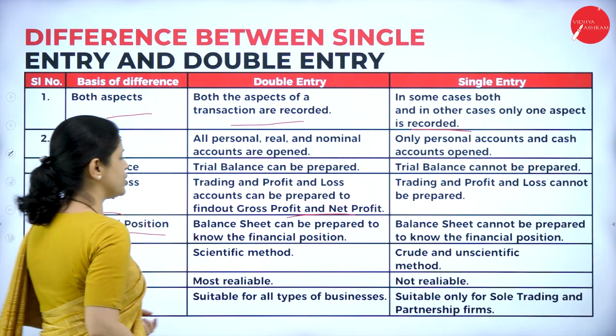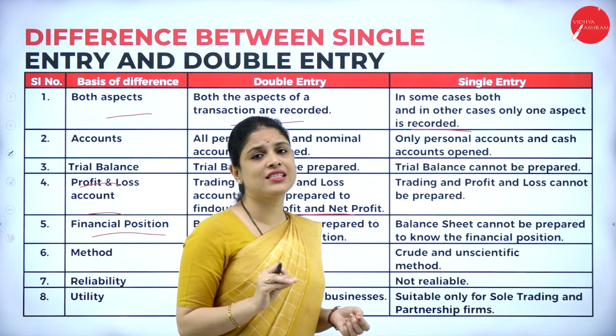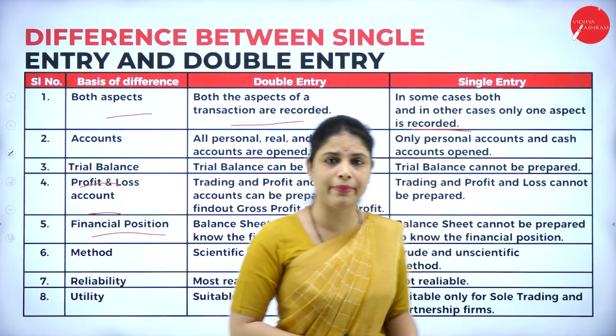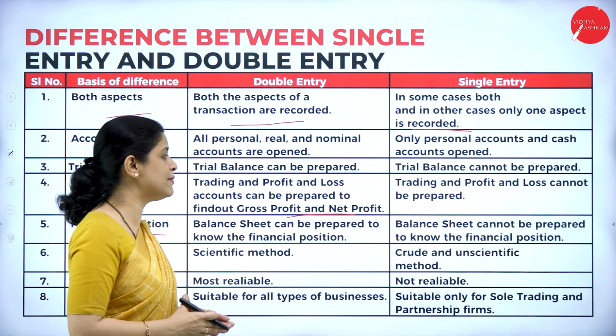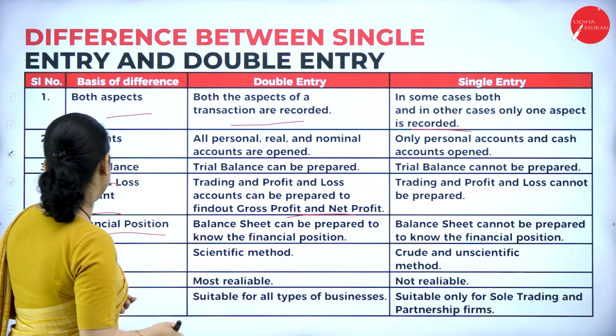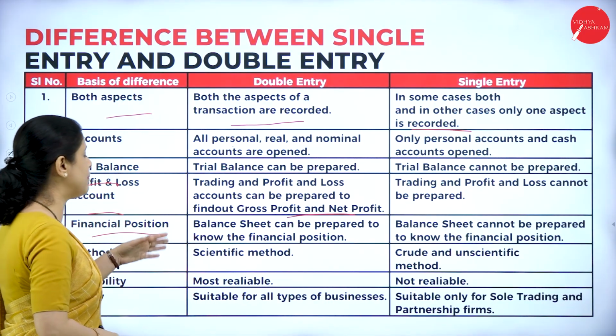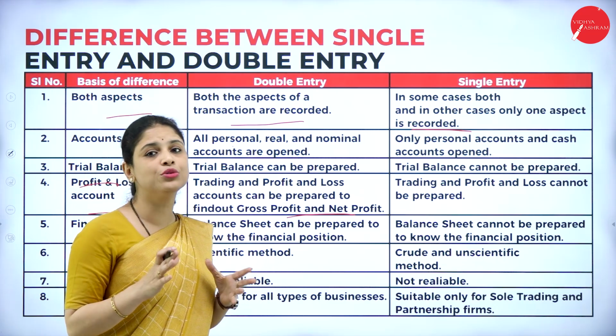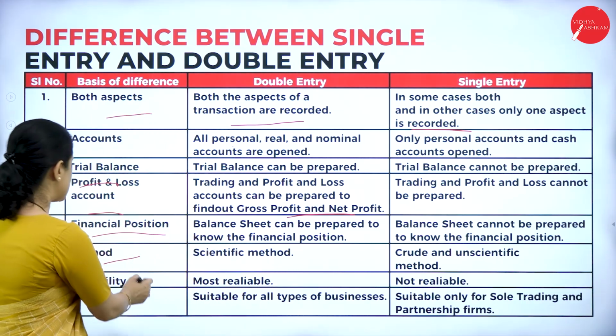Next, financial position. In double entry system, to find out the financial position of the business, a balance sheet can be prepared. But in single entry system, a balance sheet cannot be prepared. Next, method. Double entry system is a scientific method, but single entry system is a crude and unscientific method. Next, reliability.